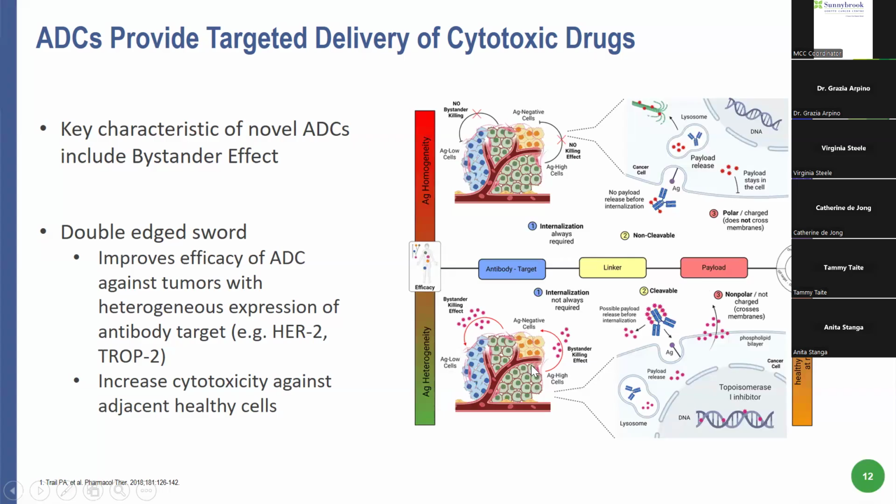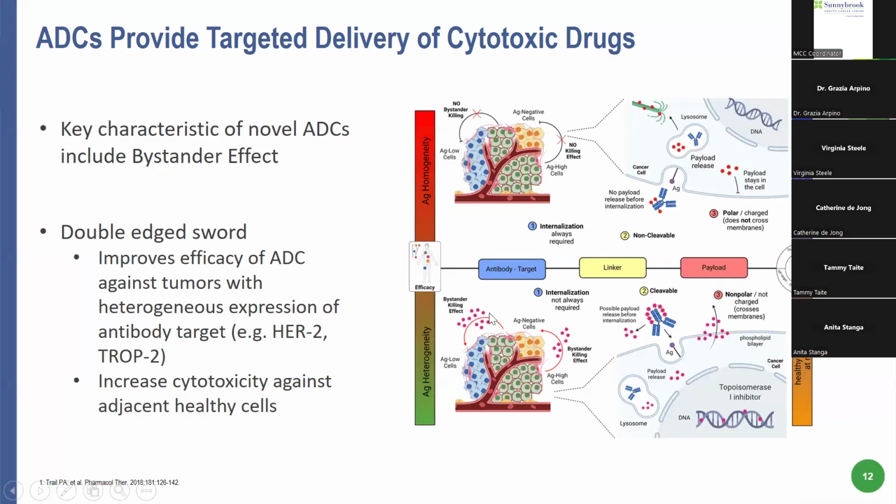This is probably the reason why these drugs are more active than the early ADCs, because they can overcome tumor heterogeneity, working in cells that express the antigen and in cells that don't.